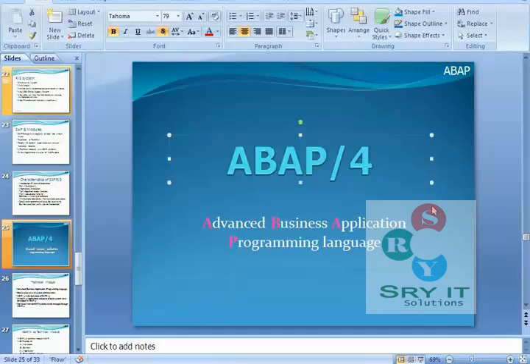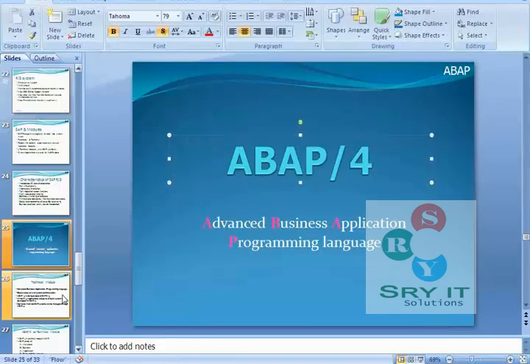ABAP is not used to develop any other things. It's only for SAP. And no other language is used to develop SAP, only ABAP.